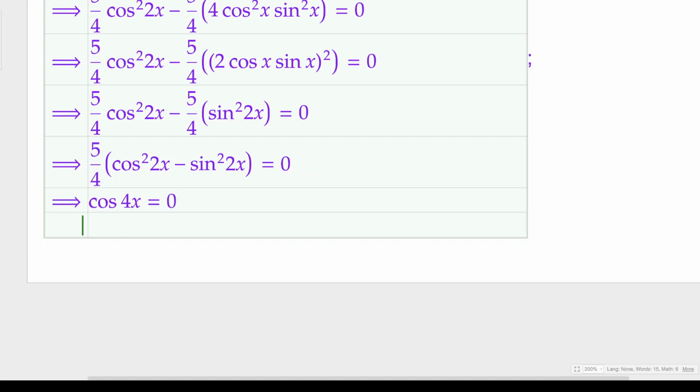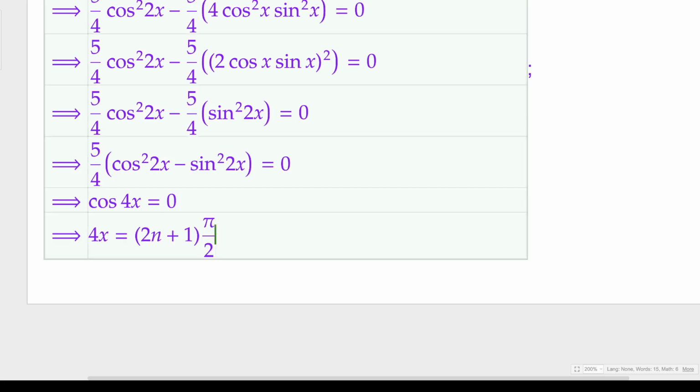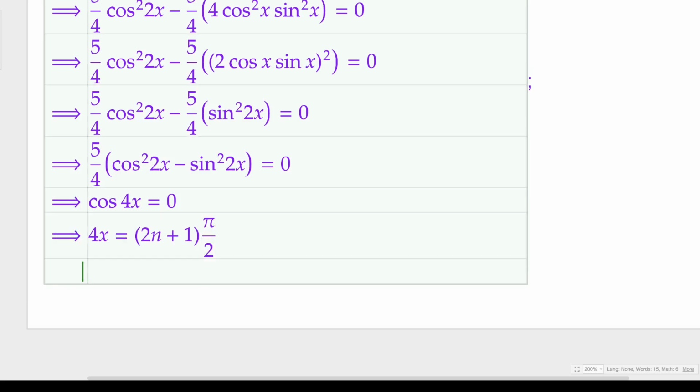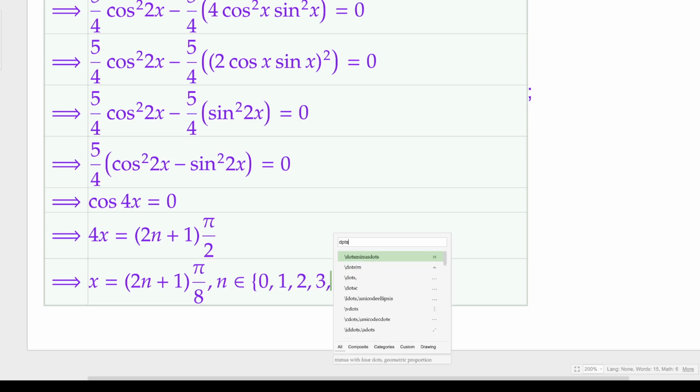So finally this argument 4x can be written in the form of 2n plus 1 times pi by 2, and from this, if I extract the value of x, it can be written with 8 over here, and n belongs to 0, 1, 2, 3 and so on, all the way up to 7.